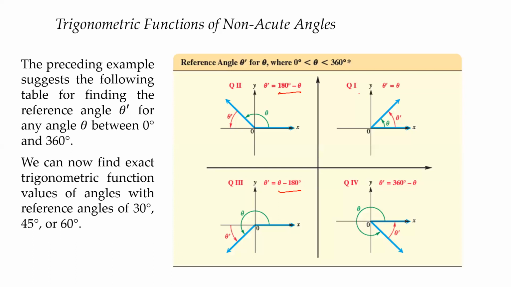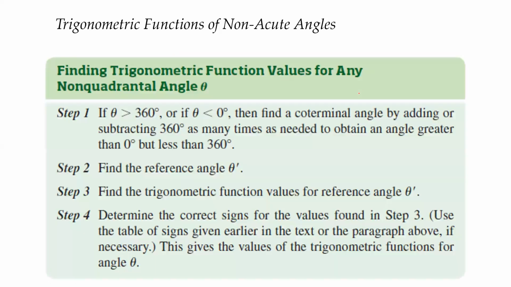Since we have calculated the exact values of our 30, 45, and 60 degree angles, we can now find the exact trigonometric function for these values. Let us do this example 7. But before that, finding trigonometric function values for any non-quadrantal angle theta. So quadrantal angles are 90, 180, 270, and 0 and 360, right?